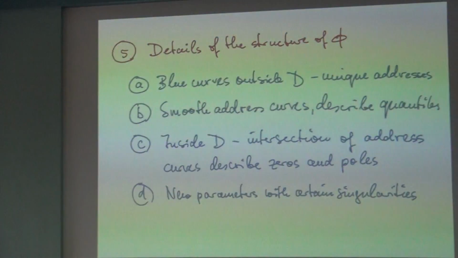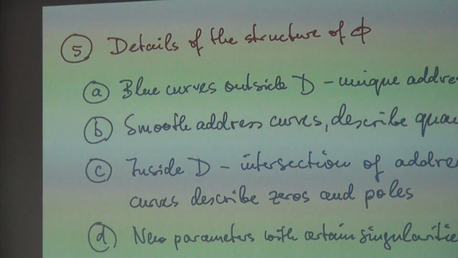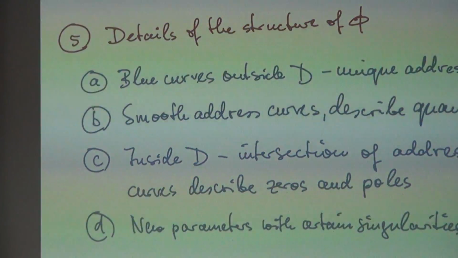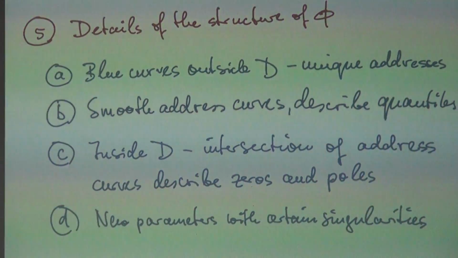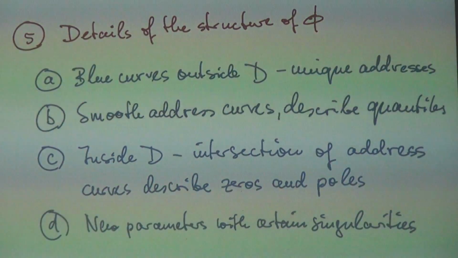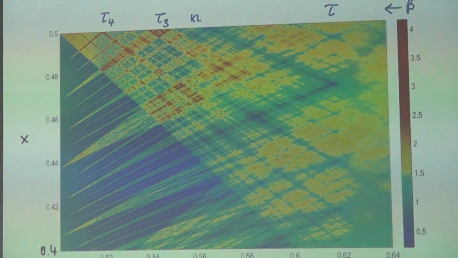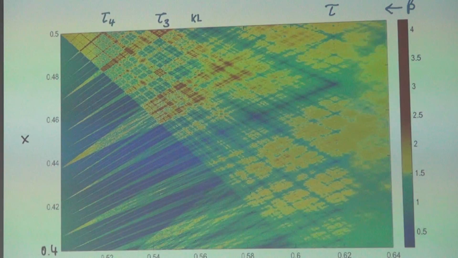So the blue curves are so-called curves of unique address, and inside the overlap region we will find some other structure. So this is the picture.